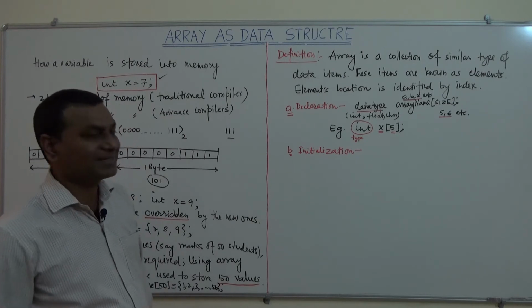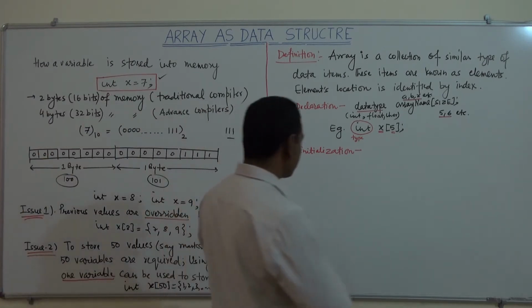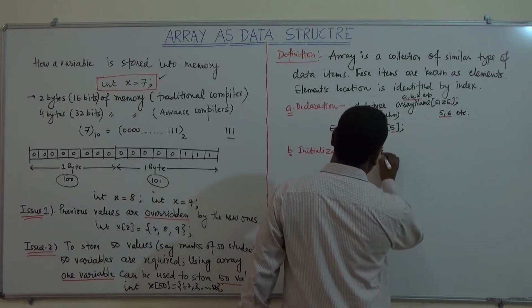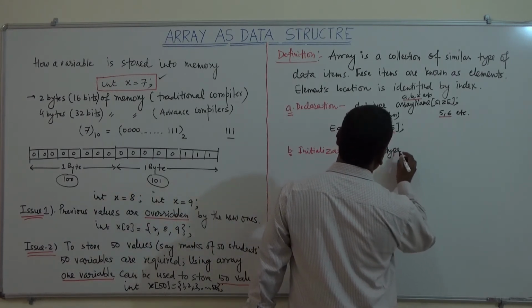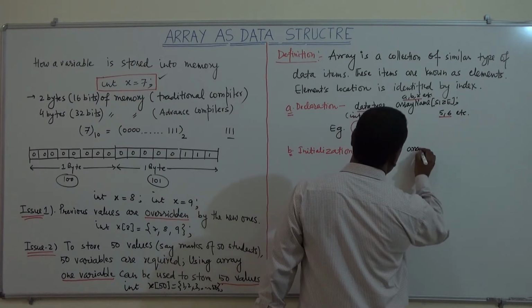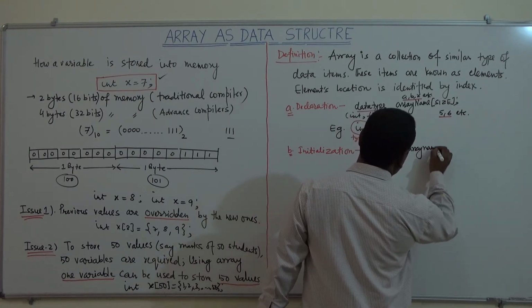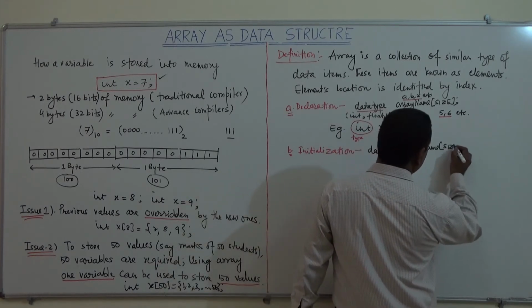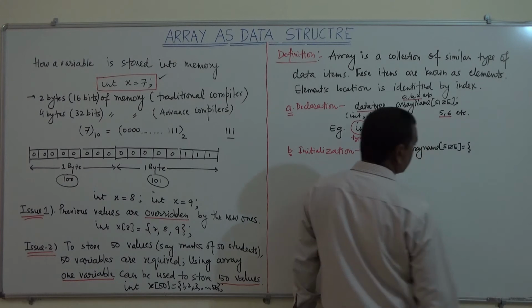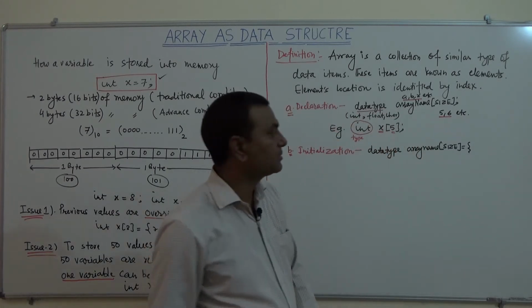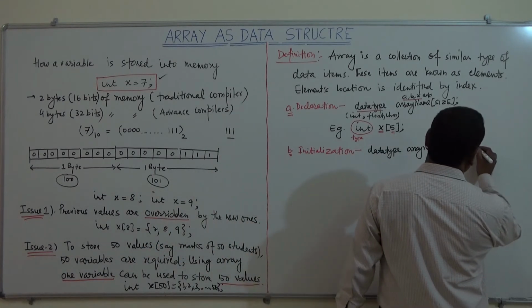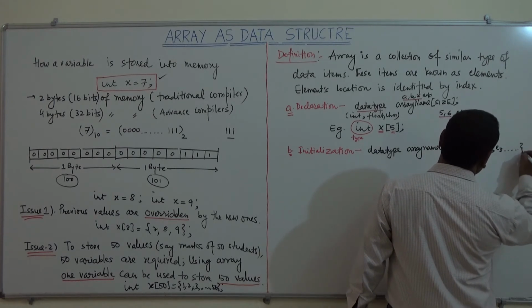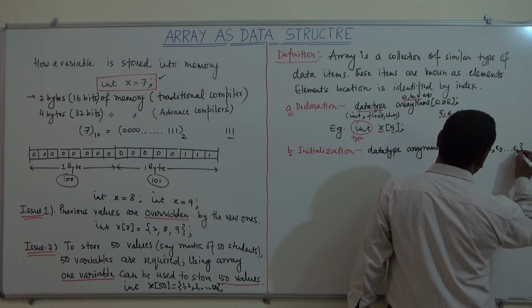For this, the syntax may be its data type, then array name and its size, and then elements, like element 1, 2, 3 and so on, like element n.